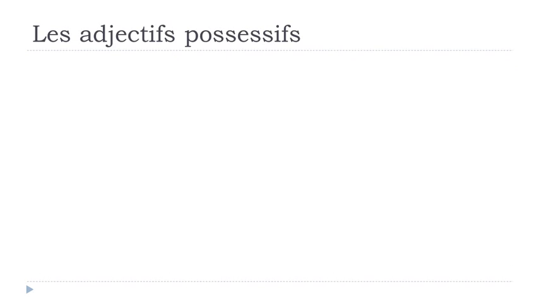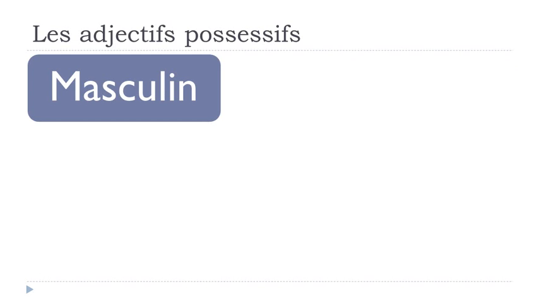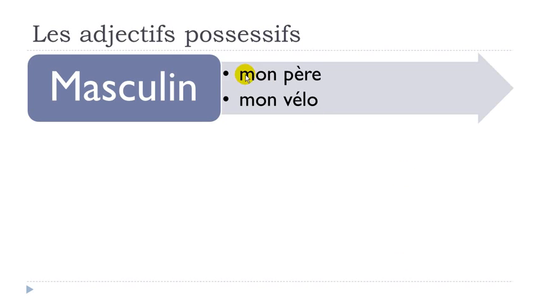Okay, so let's see a few examples now. So for the masculine, mon père. Père means father. Father is masculine, and so you will put mon père. So you will put here the masculine adjective possessive, my father, just because father is masculine.